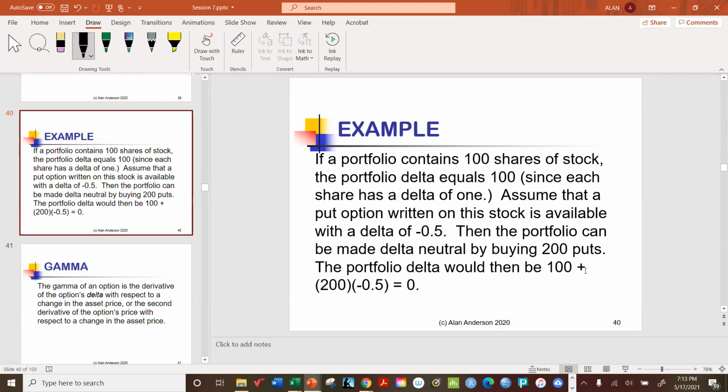So if I were to buy 200 puts at a delta of negative 0.5 each, the existing shares have a delta of 100. Then my puts would have a delta of negative 100. I would end up with 0 for my delta, or a perfectly hedged portfolio. So no matter what happens to the stock price, my portfolio value will not be changed.